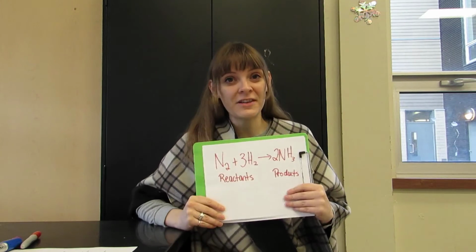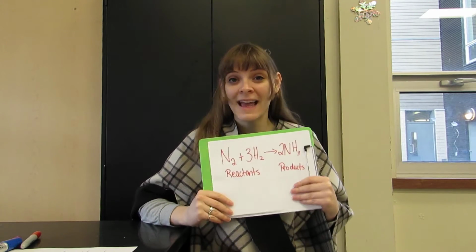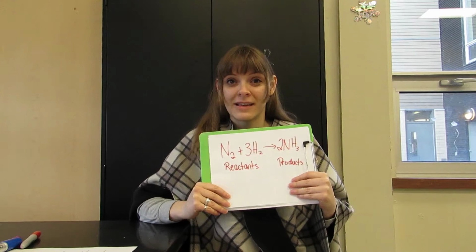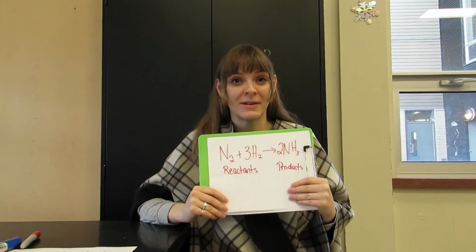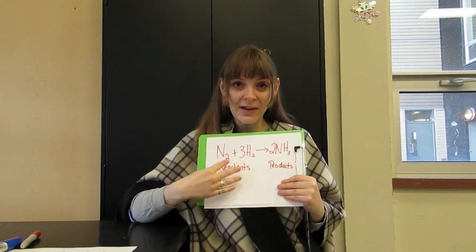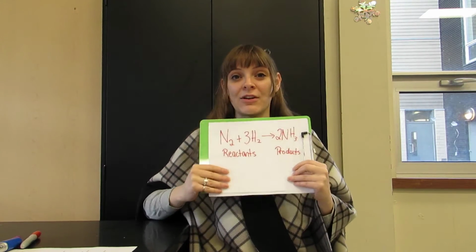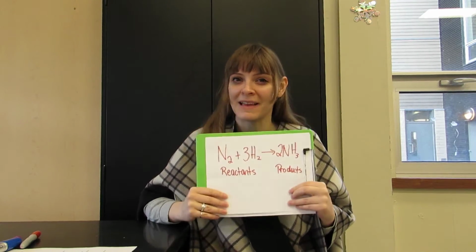The law of conservation of matter states that matter cannot be created or destroyed. So, in other words, it can only be transformed and manipulated. If we look here, we need to make sure that our equation is considered to be balanced.